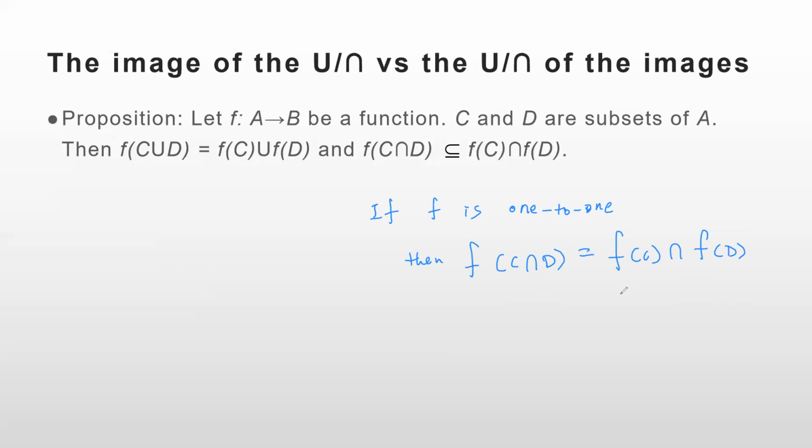You have x and x prime in the previous example, but because it's 1-to-1, x prime has to be the same as x. All right, then there exists x in the intersection, and that shows the other side.